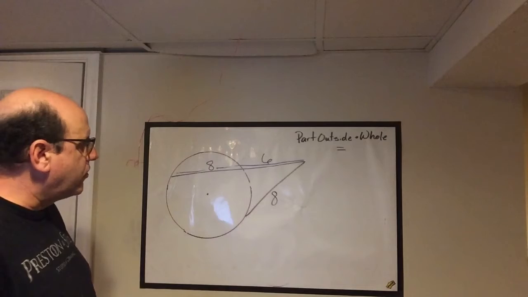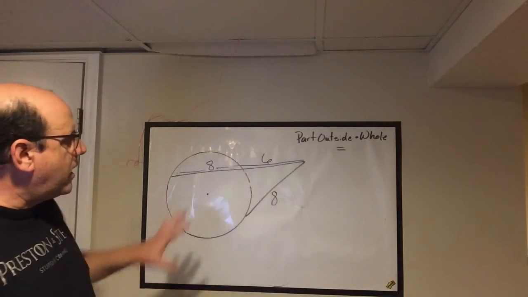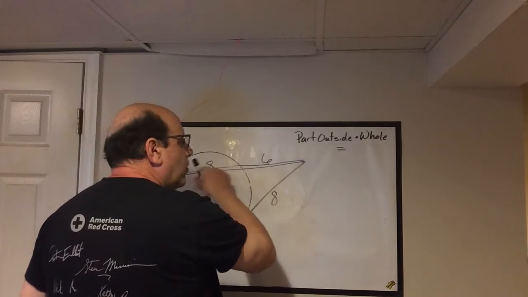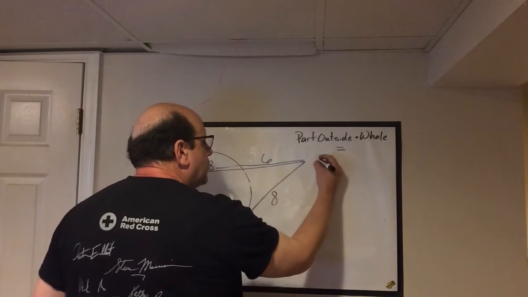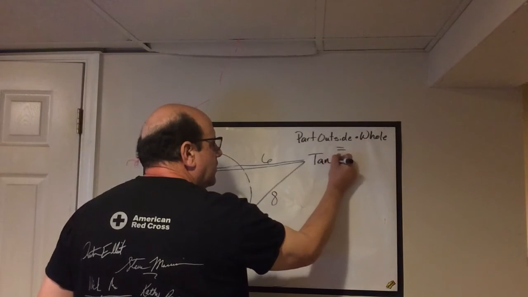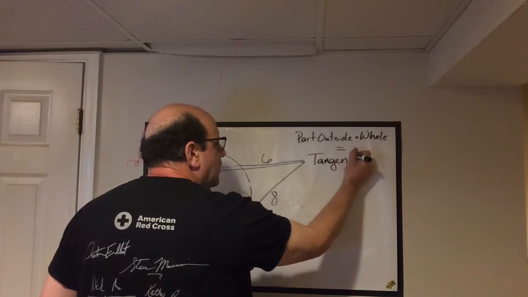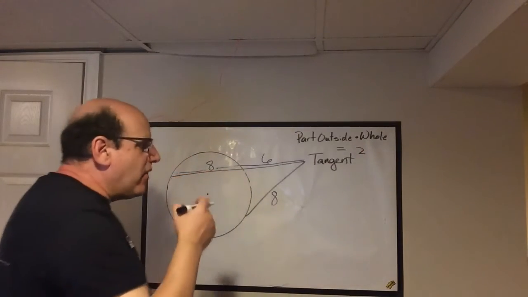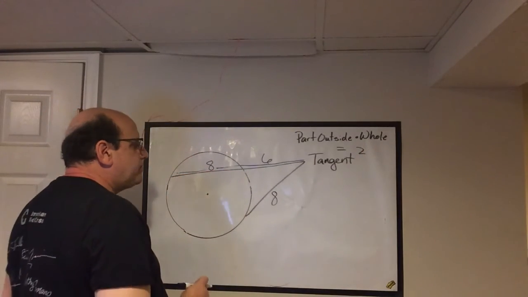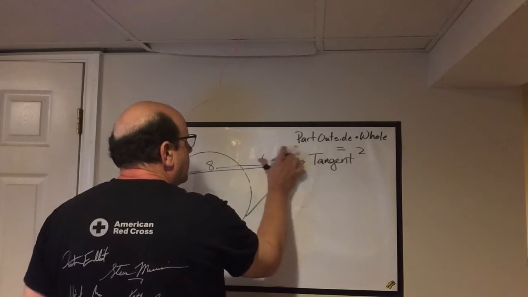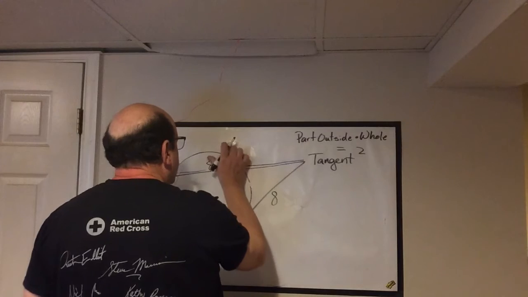right now I'm not going to look for x. I have a tangent, then the part outside times the whole is going to be equal to the tangent squared. Okay, and all that means is I'm going to have to erase this and give this an x.